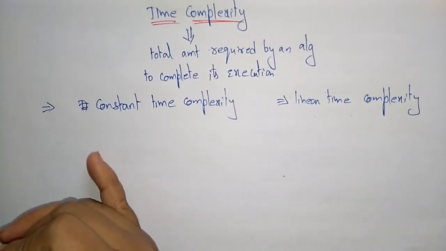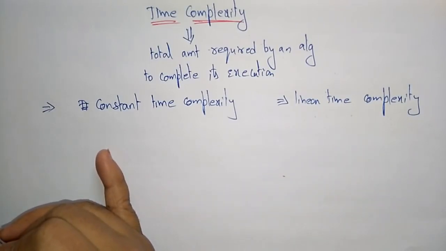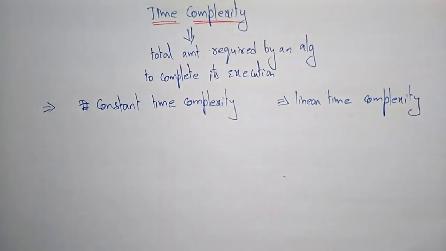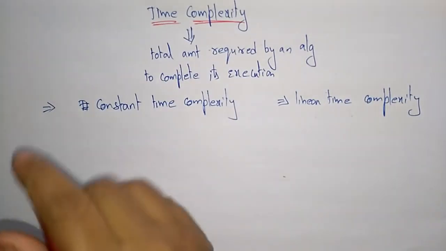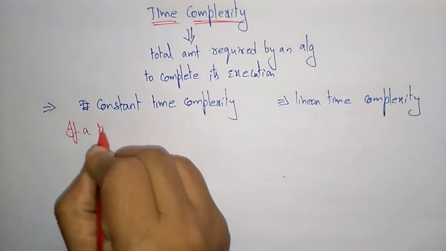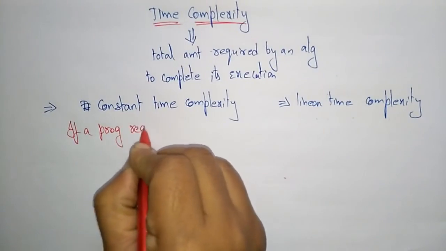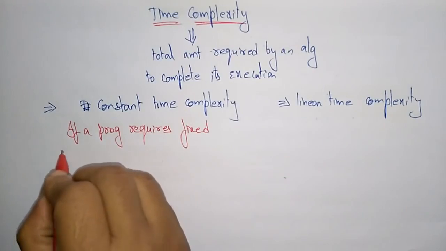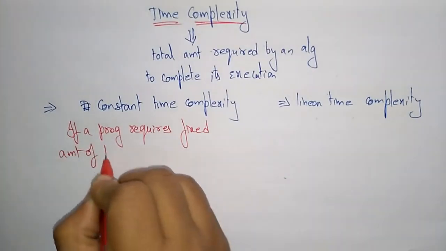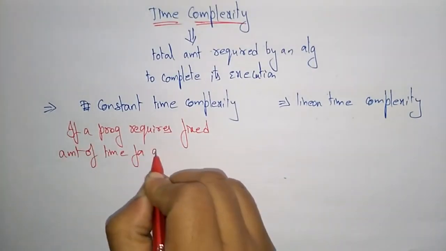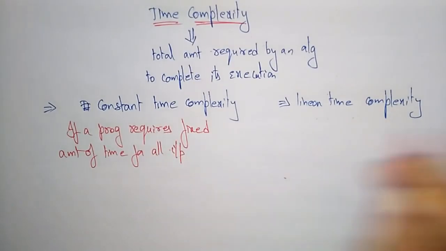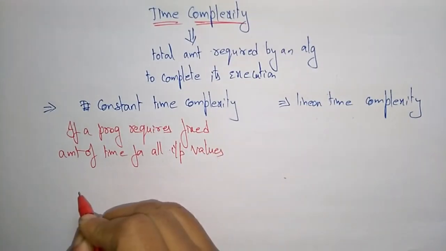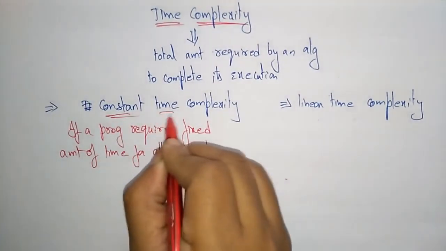When you say it is a constant time complexity, if a program requires a fixed amount of time for all inputs, whatever inputs you are using, for all the input values, then you can say it is a constant time complexity.